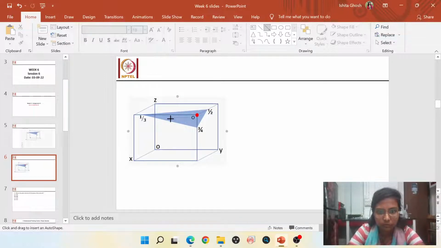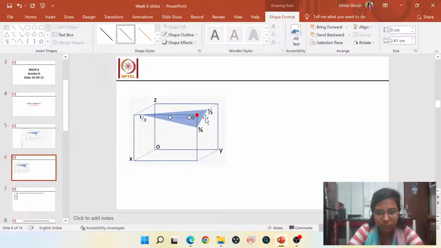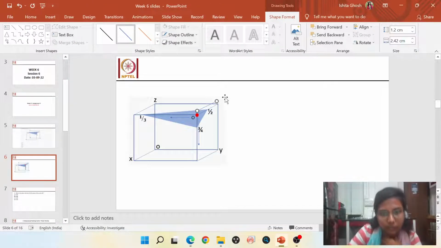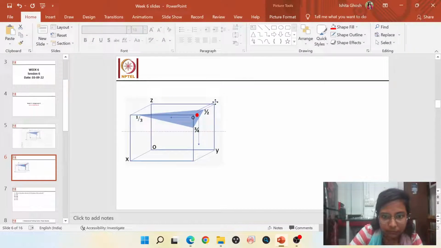Then this direction will be my minus z, and similarly this direction will be minus x.